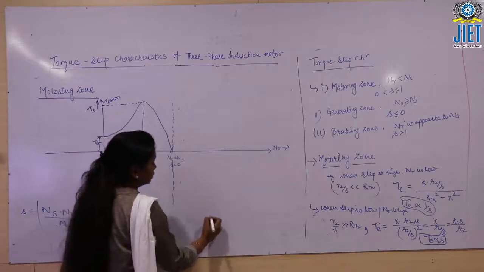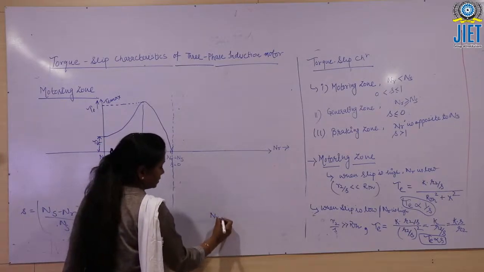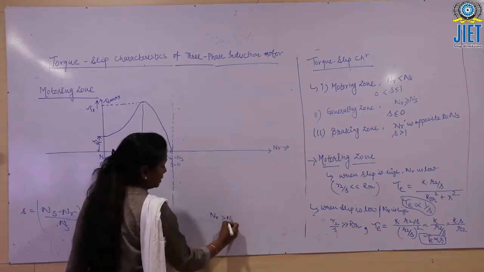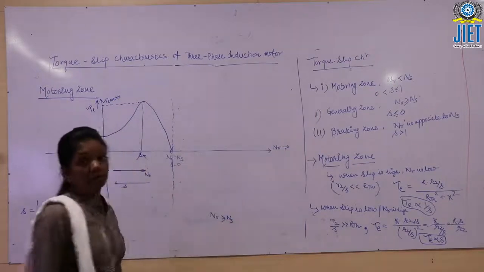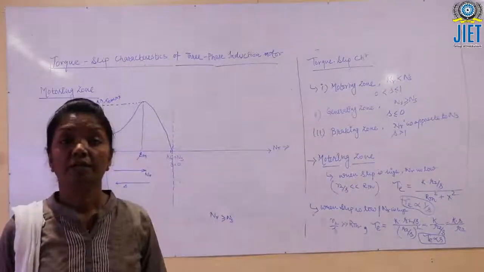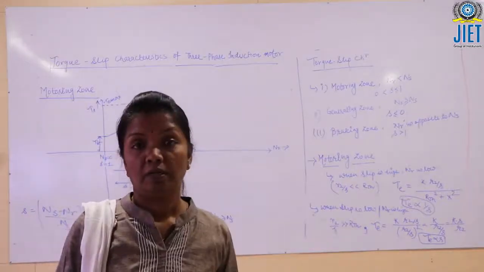Now in this particular zone, NR is more than NS. I already told you that by itself the motor cannot cross the synchronous speed.